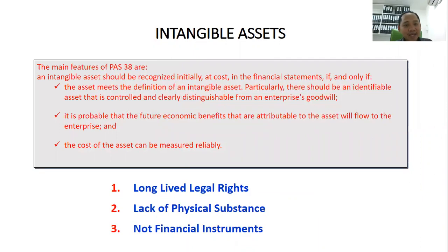And characteristics: it has long-lived legal rights, lack of physical substance, and is not a financial instrument. Tandaan, of course, when you say intangible, it is without any physical existence. For example, the brand of Jollibee, Jollibee Food Corporation.